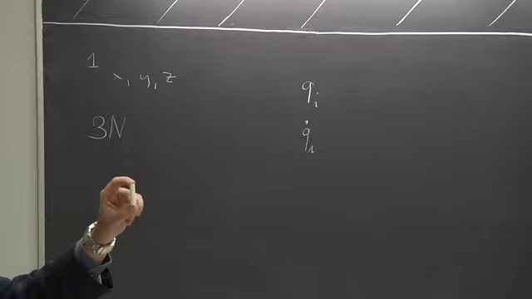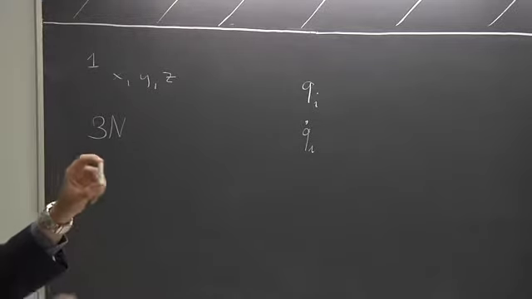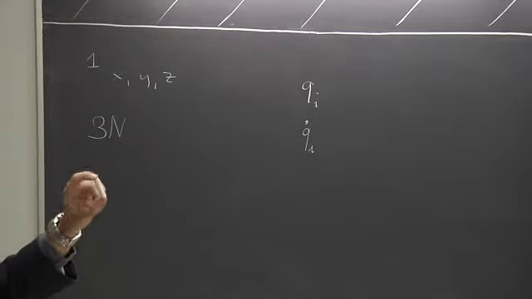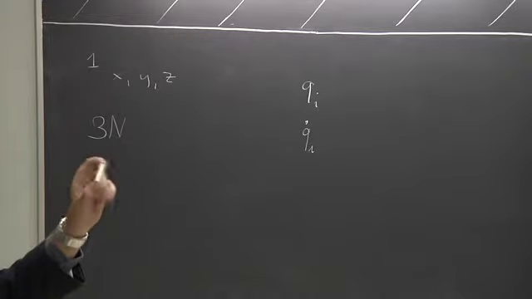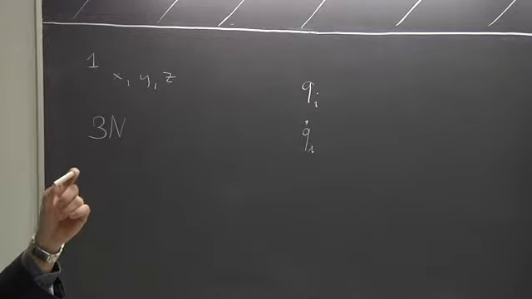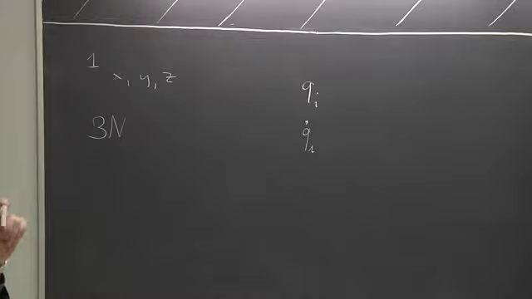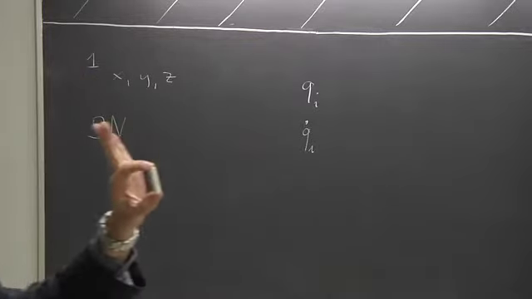But then once you have fixed the center of mass, the body can still rotate about it. So I guess you need 3 more coordinates, maybe some angles there. So you need 6 to completely fix this, right?